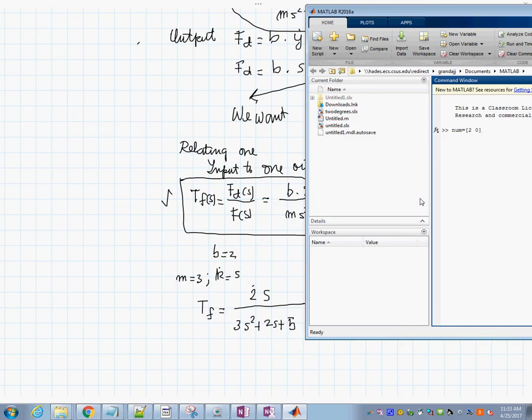So this is the numerator, and then the denominator is going to be equal to 3, the coefficient of power 2.